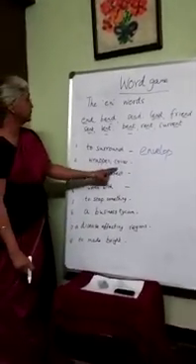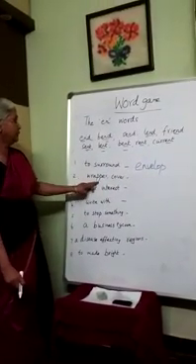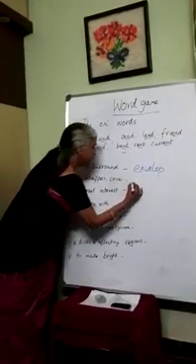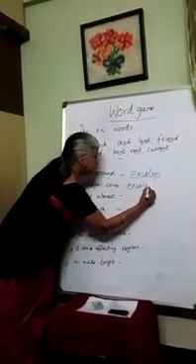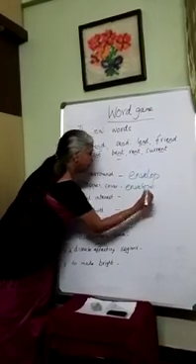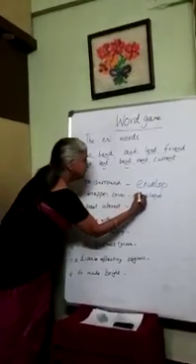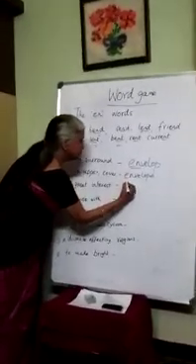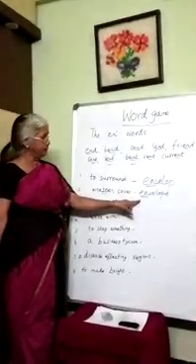Wrapper, cover. So this is also envelope. The same word, but notice the spelling. This will have one E, and this is envelope. This is also envelope. This can also be pronounced as envelope.